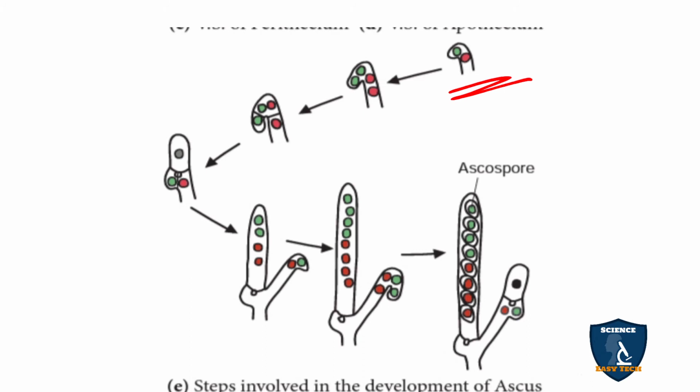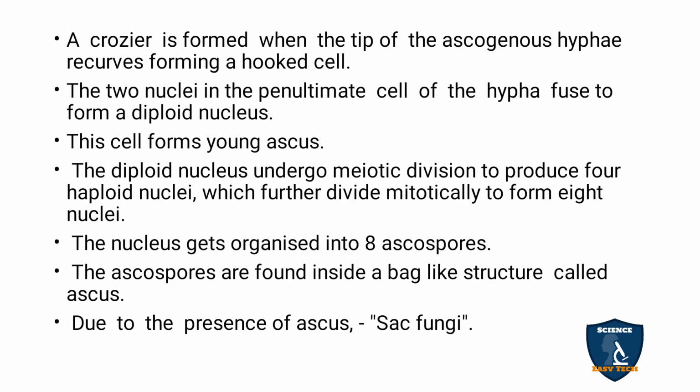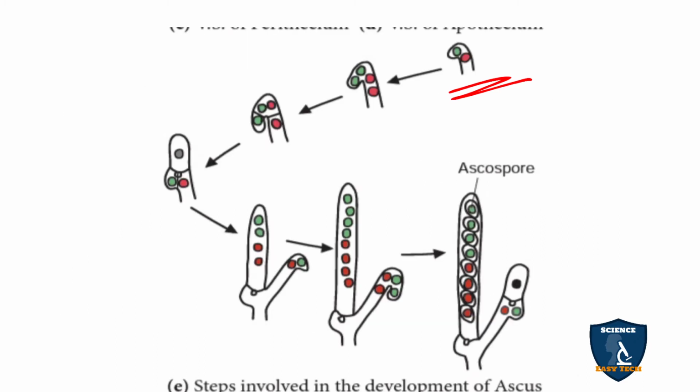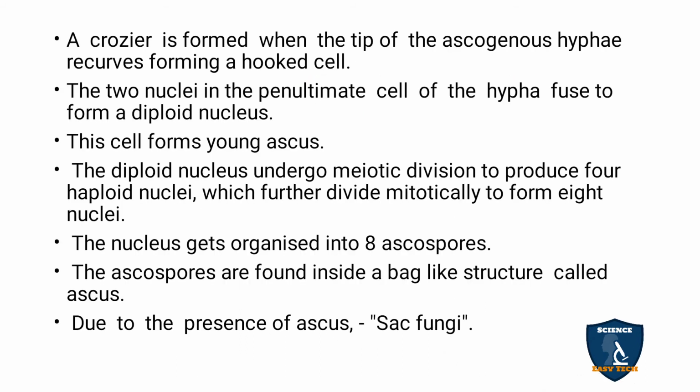This is called crozier hyphae. The two nuclei in the penultimate cell of the hyphae fuse to form a diploid nucleus. While the crozier forms, the cross walls are formed, and it looks like two nuclei, like diploid nuclei.